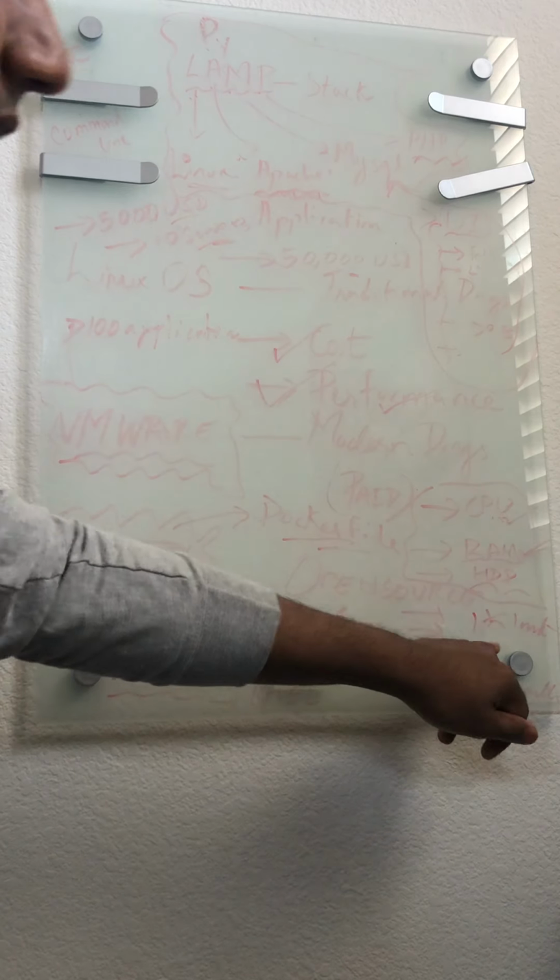So from $50,000, your cost almost came down to $1,000, but it depends on how much usage you have. Basically, the whole point of this session is that nowadays everybody wants to go to the cloud. If you want to start a software company, you don't have to have $50,000 upfront.